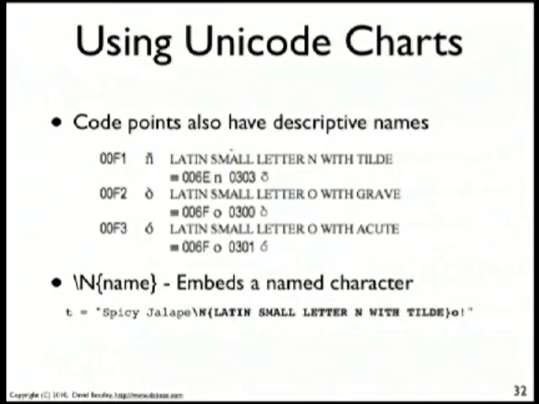Another way that you might do it, if you go exploring some of these Unicode charts, I don't know how many people know about this, but all the characters actually have a descriptive name, like small Latin letter N with tilde. If you do a \N and then put that name in curly braces, it will pick that out and put it in your string.